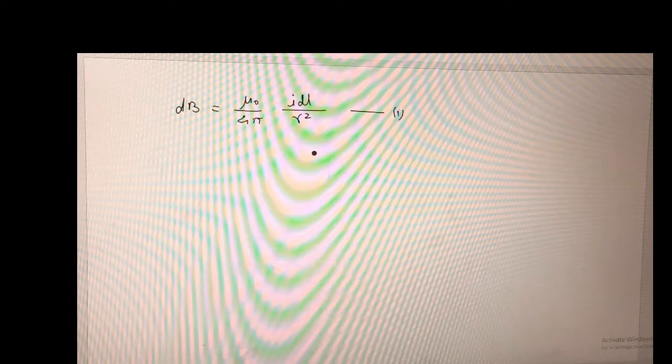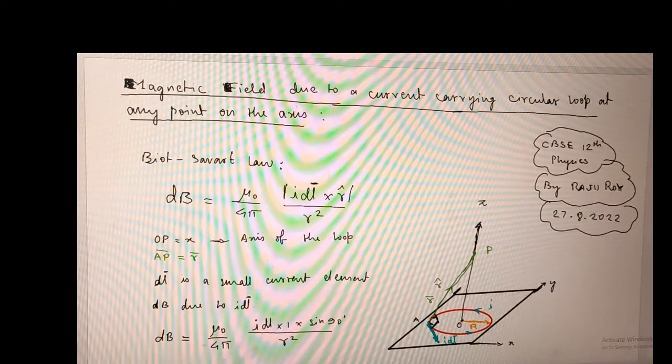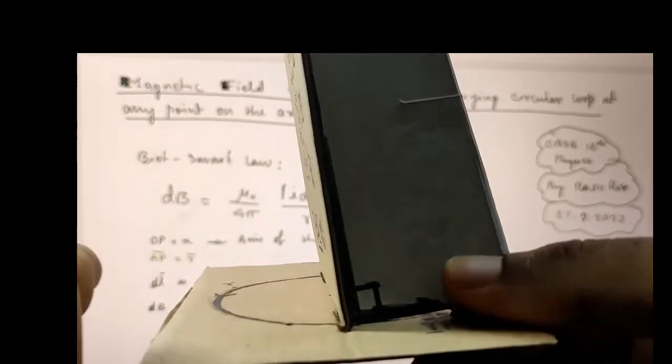Now I have drawn a model for this. Let me show you, if you can understand. Here you see, this is the loop I have drawn. This is the loop on the XY plane. This is your X axis, this is your Y axis.